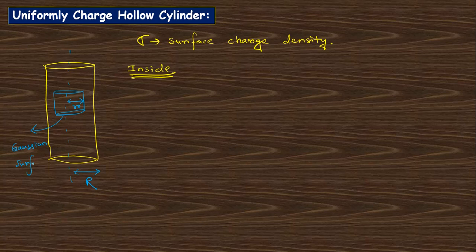By Gauss theorem, you can say the cyclic integration of E dot ds is nothing but q enclosed by epsilon naught. So the E and the total area is nothing but 2 pi r, and this is L. So 2 pi r L, and for the end regions it will be 0, but you can take the area 2 pi r square, no problem.